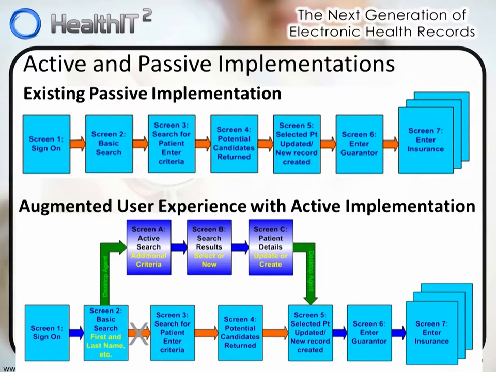So once we go through this new workflow that we've introduced, and the registration person has selected the correct record, we put them back into their legacy application or their existing application, and then let them continue on their normal workflow. So again, it's all about augmenting and preventing that duplicate from being added in real time versus letting the OHMPI catch it and having someone fix it at some point in the future.